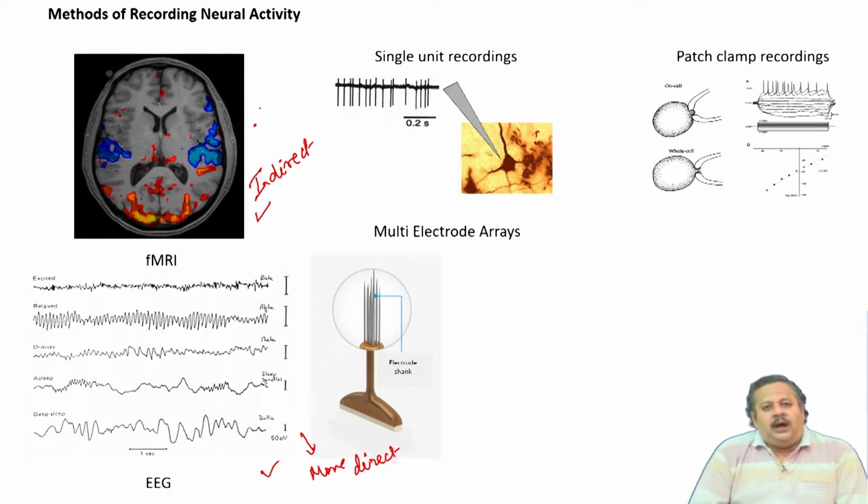However, we are limited in the sense of the temporal resolution. That is, fMRI signals, the BOLD signals, or blood oxygenation level dependent contrast signals, have a peak that occurs on a time scale of the order of a few seconds, 5 to 6 seconds.